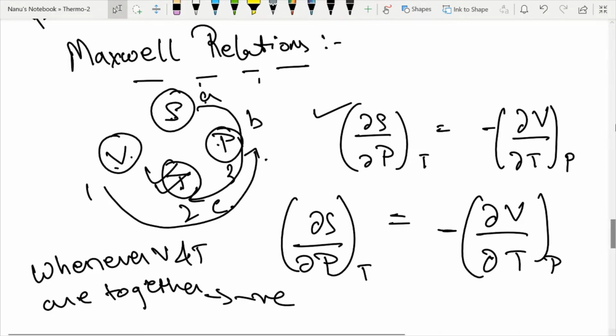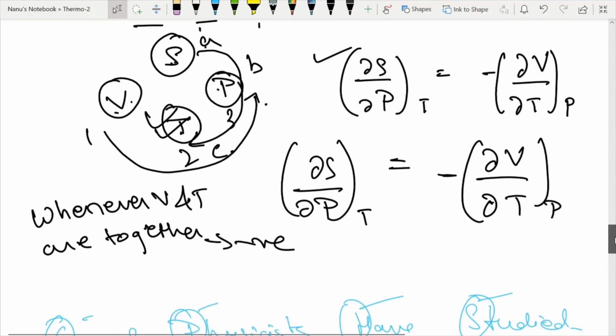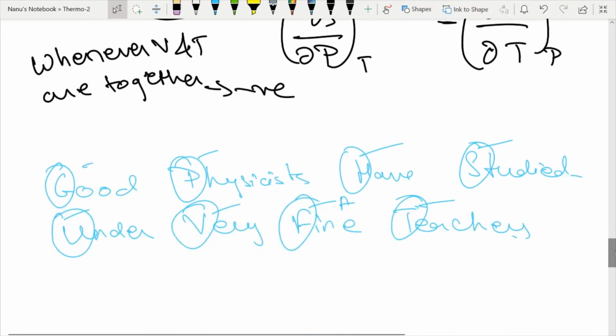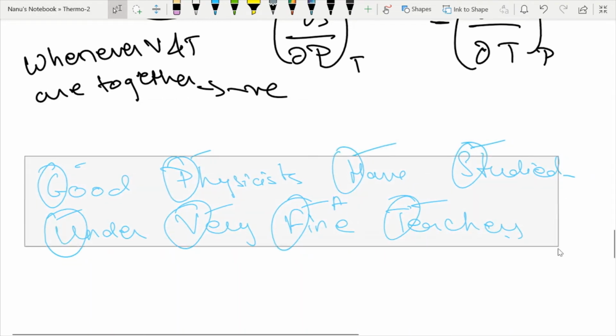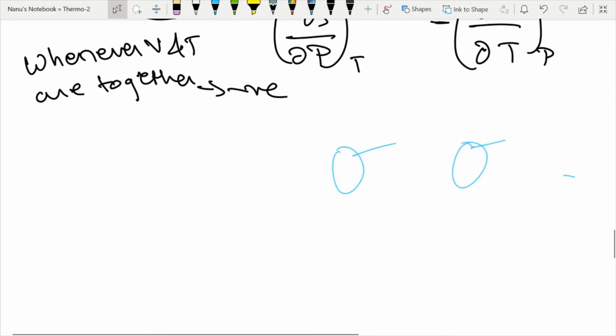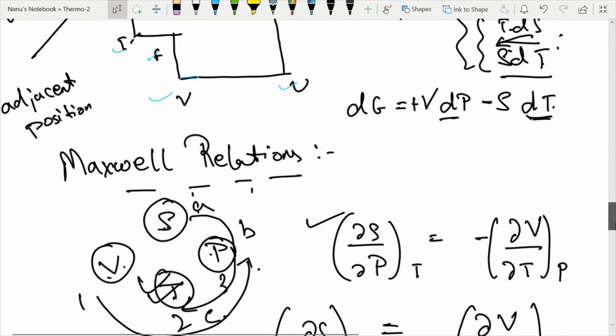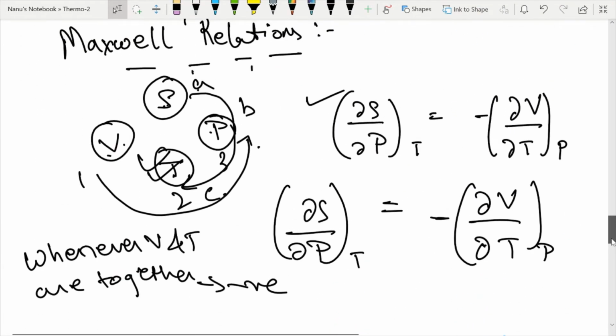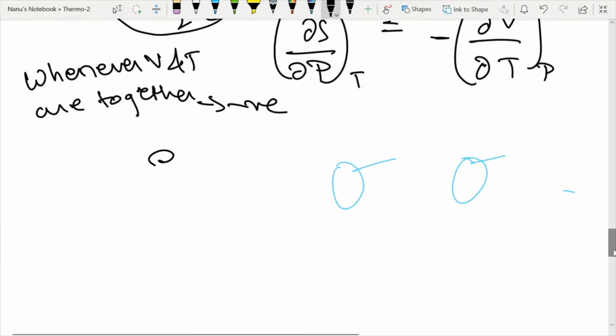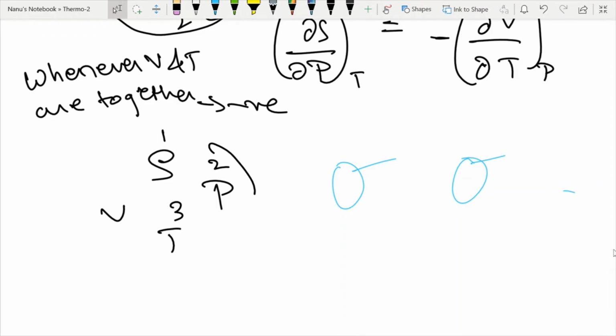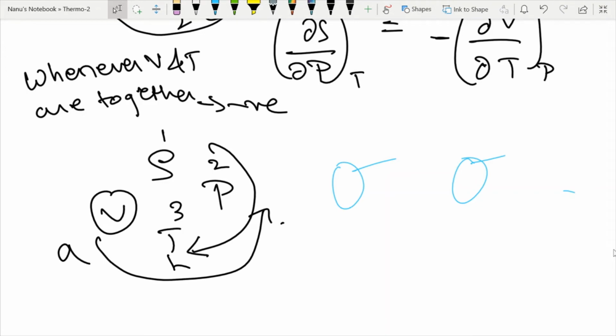Okay, so for the other equations that I have found out, so this part I'll wrap it out, and okay, let me write this again over here, S, P, T and V. Okay, so again I'm telling, this is 1, 2, 3 on this side if I'm going in this clockwise direction, and for the anti-clockwise direction again we have to go from the next parameter that we have left out, and we have to go A, B, C, and the third parameter that we come across will be the constant.